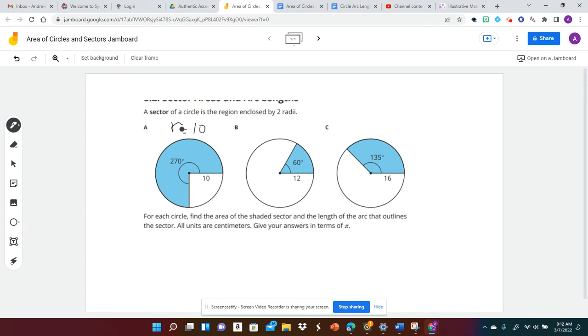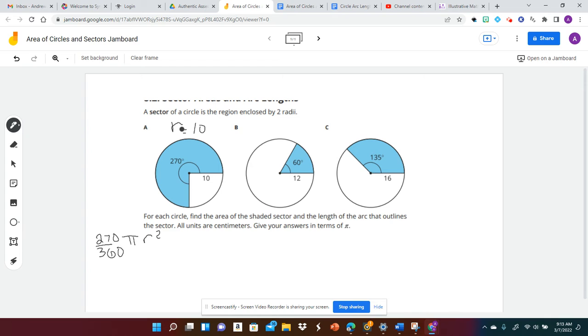So what we can do, we know that the area of a circle is pi r squared. And then we know that this is 270 degrees out of 360 degrees. So we can go 270 out of 360. And then we can substitute in our radius, which is 10.